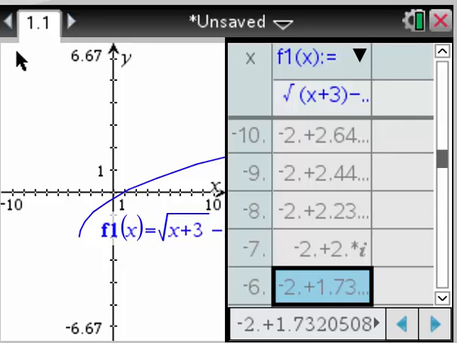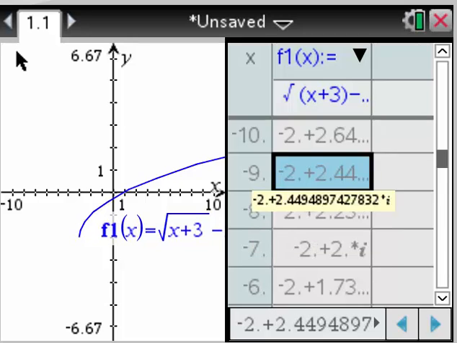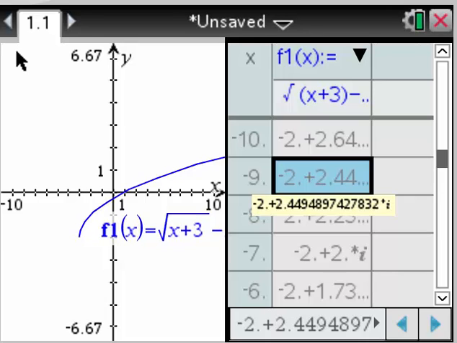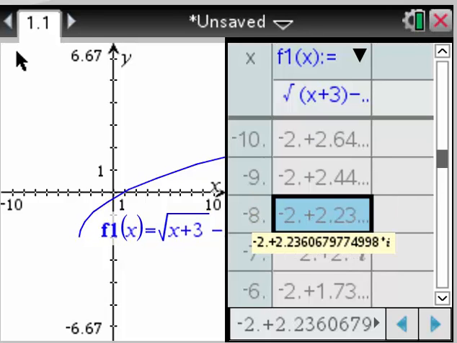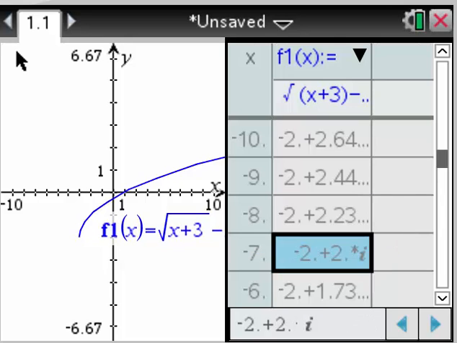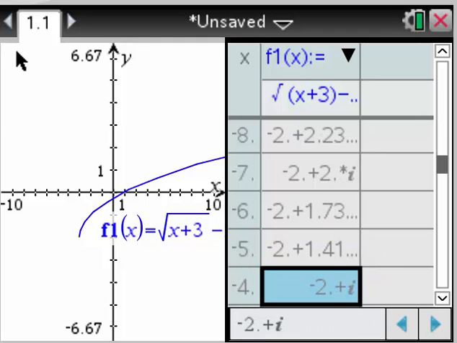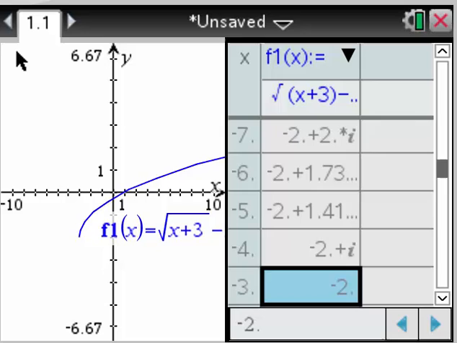So now we can see at -10, it's imaginary. If your calculator is in a different mode, it might say error. So on our table, we're going to write E for error for -10, -9, -8, -7, -6, -5, -4, and look at -3, we finally have a value of -2.